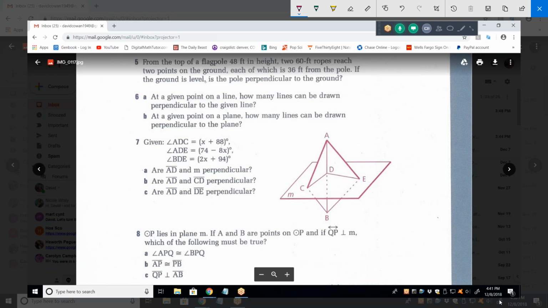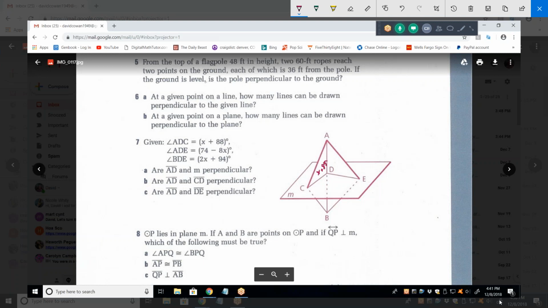Okay, ADC is x plus 88. ADE is 74 minus 8x. And BDE, that's coming out from the other side of the plane. Well, let's see if we can label some of these on the thing. So this is x plus 88.